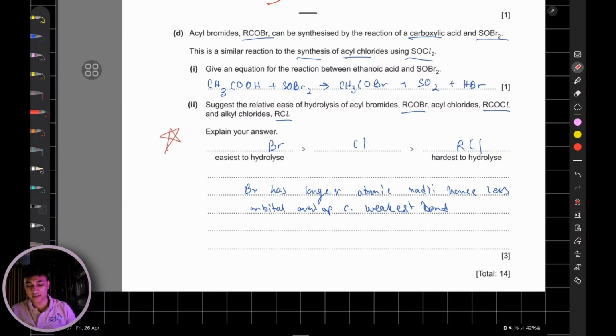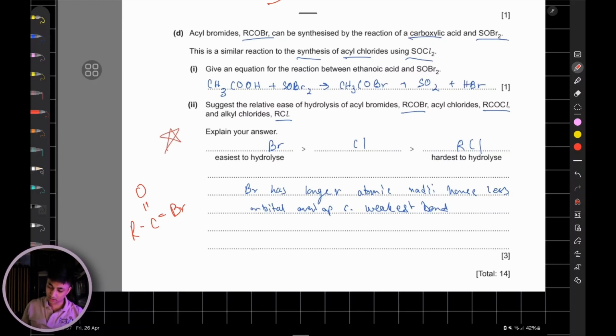And this is a similar reaction to synthesis of acyl chlorides using SOCl2. R, rest of the molecule attached to carbon, double bonded to oxygen, and Br. This can be synthesized by reaction of carboxylic acid and SOBr2.